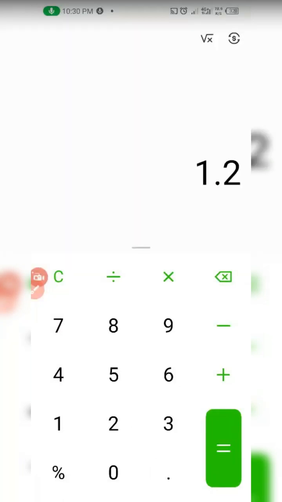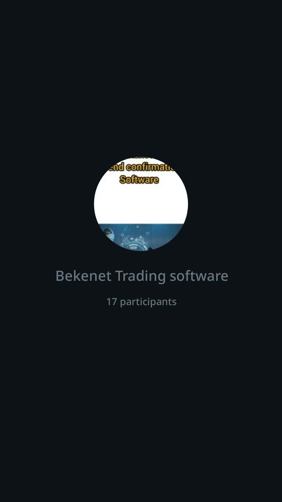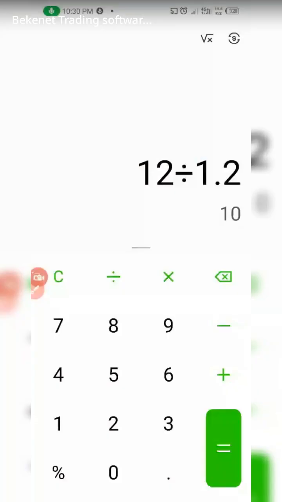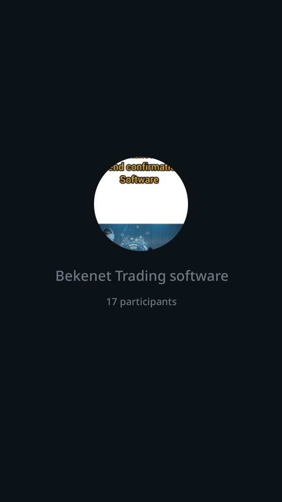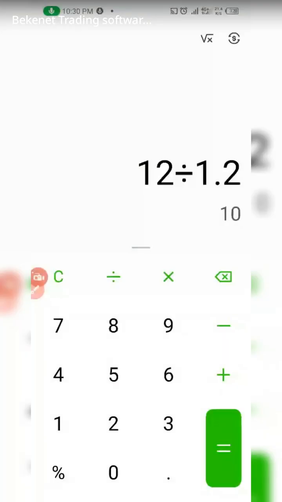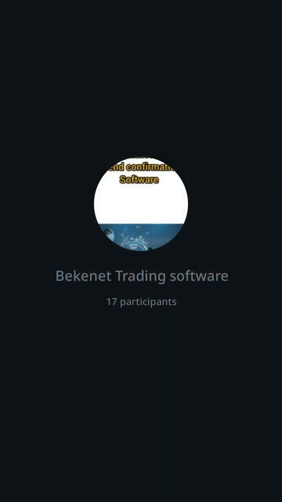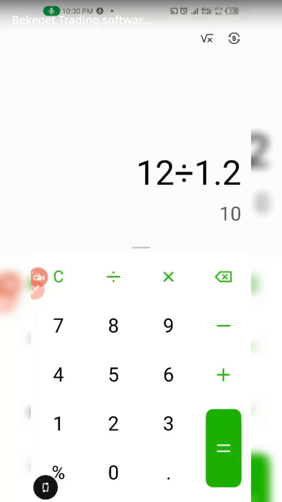So $12 divided by $1.20, you're expected to have probably 9 signals, because you need to have a balance of $1.20 in your account. So you're going to be having 9 signals from this your $12.